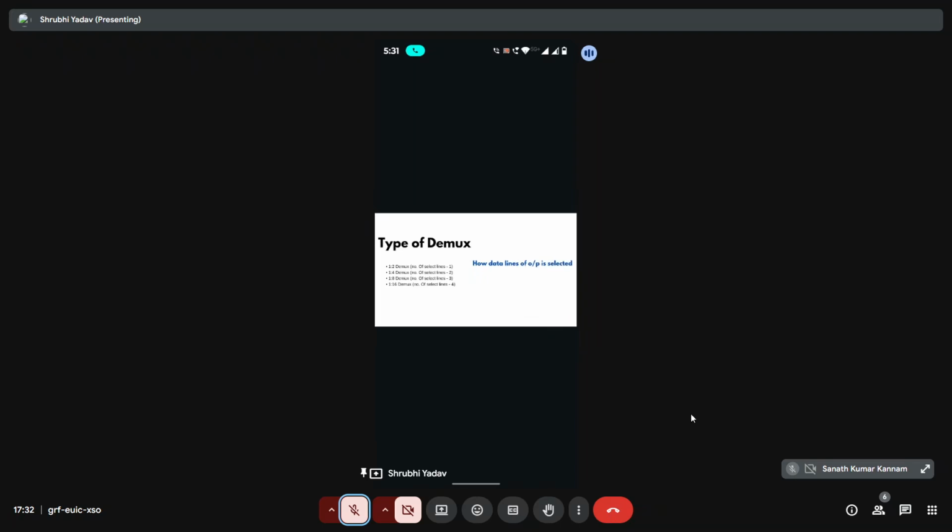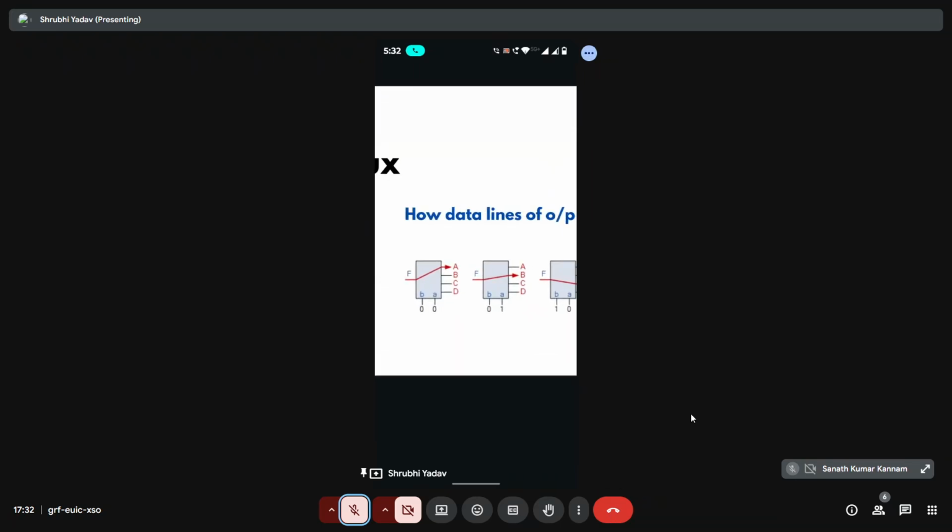How data is transferred or selected at the output lines, we can see here, according to the select lines. If 0 0 is selected, the input will move towards the first output, A. So A is selected.